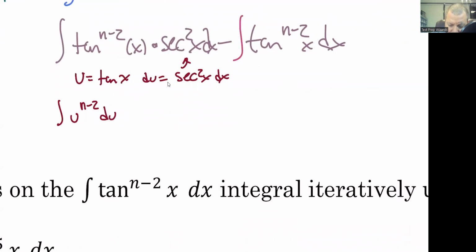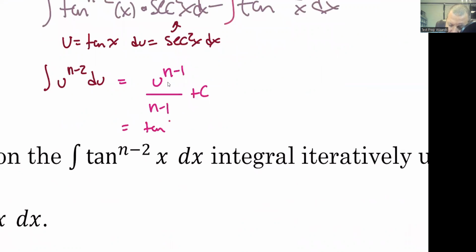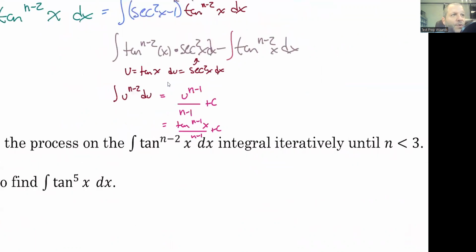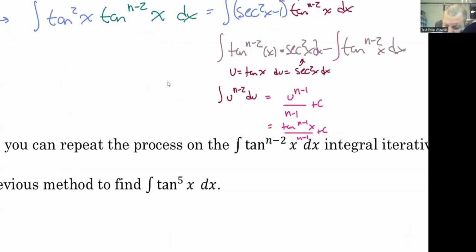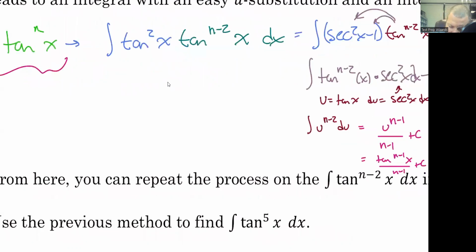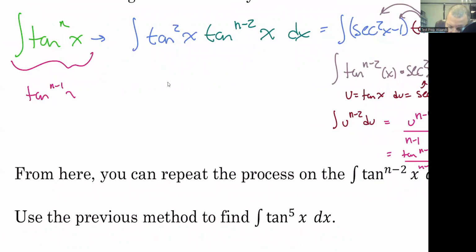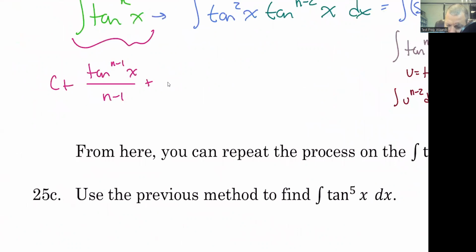The antiderivative is simply u to the n minus 2 plus 1, so u to the n minus 1, all over n minus 1 plus a constant, aka tangent to the n minus 1 of x over n minus 1 plus a constant. So we have that as our antiderivative. And so the integral of tangent to the n of x is currently equal to tangent to the n minus 1 of x over n minus 1 plus a constant. I'm going to put a constant plus all of that.